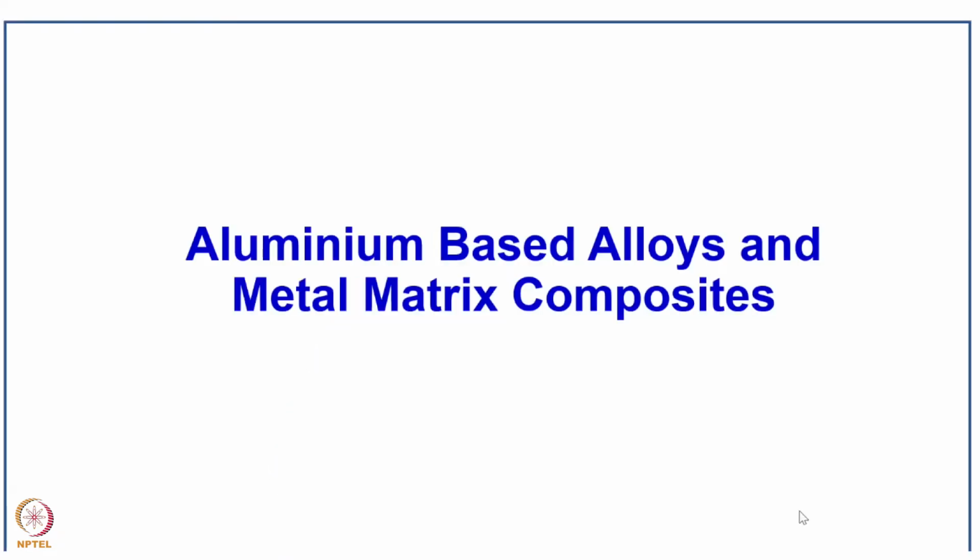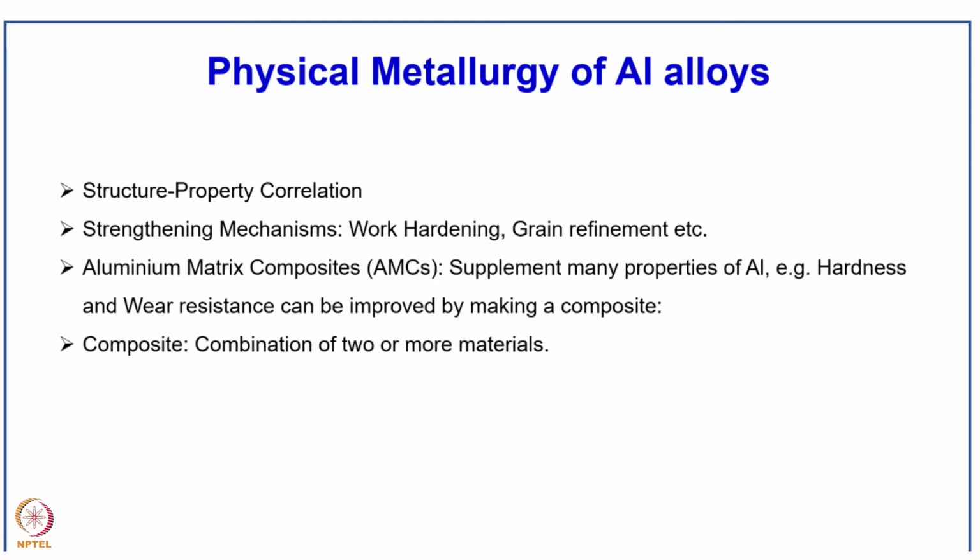Okay, so over the past several weeks, we have been talking about aluminum and its alloys, and we have learned about different aspects of aluminum alloys, particularly with regard to the physical metallurgy.